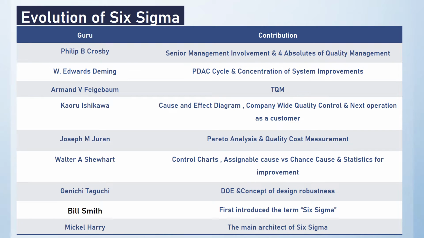He was the person behind the terminology of sigma, standard deviation, and converting it into the name Six Sigma. And Michael Harry was part of Bill Smith's team, and he helped Bill Smith to completely develop the Six Sigma methodology and launch the program of Six Sigma. These are the people we majorly know before entering into Six Sigma.